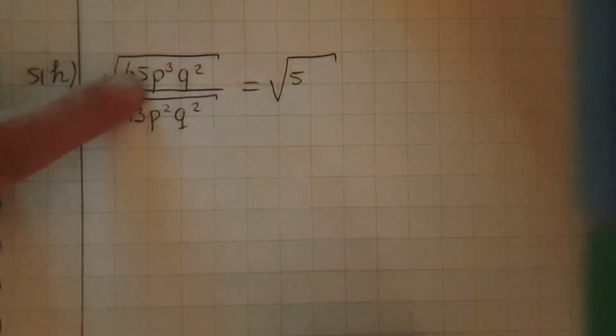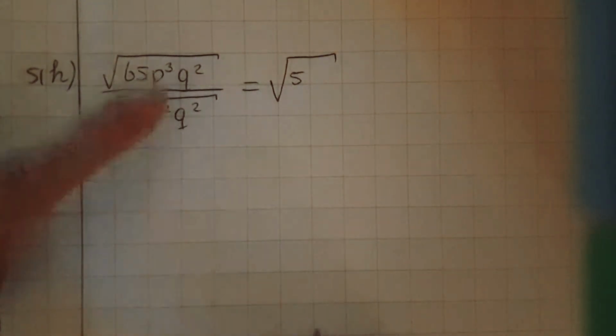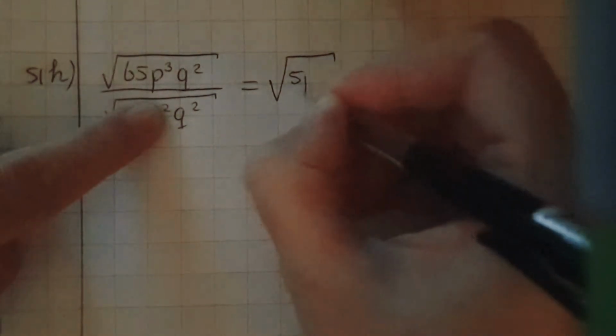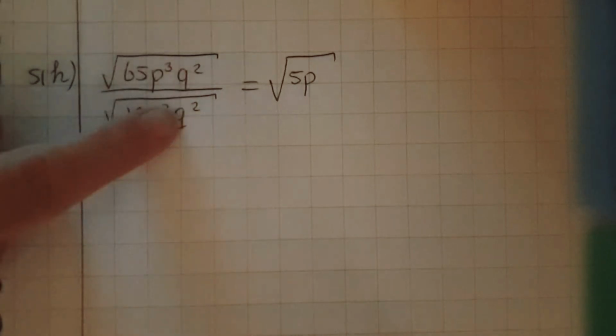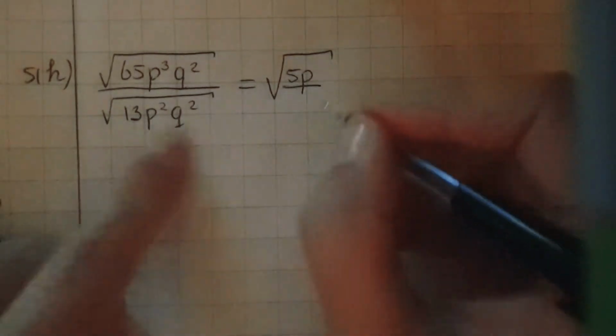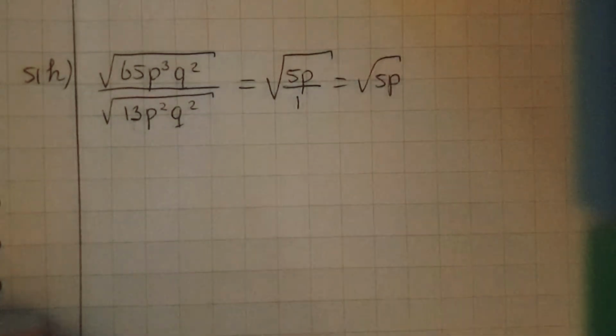And then p to the power of 3 divided by p to the power of 2. Exponents minus each other. 3 minus 2 is 1. So you have p to the power of 1. And then q to the power of 2 divided by q to the power of 2 is 2 minus 2 is 0. So there's no q anymore. The leftover is 1. But you can write this down as square root 5p. So that's it.